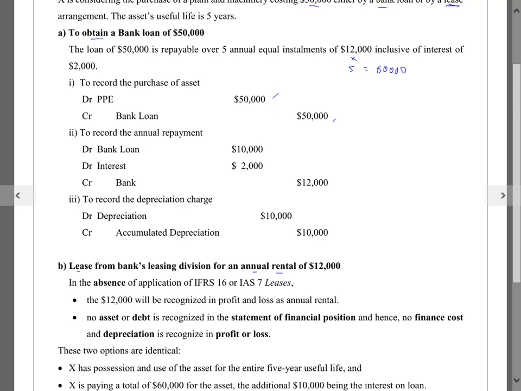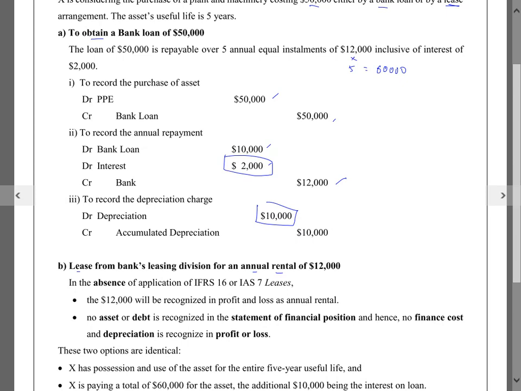In the first year, I pay 12, of which 10 is to repay the loan and 2 is charged as interest. Then I depreciate the asset, 50 minus 10, so my net book value is 40.